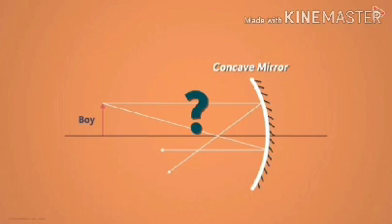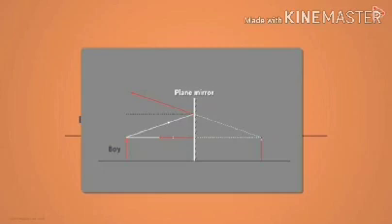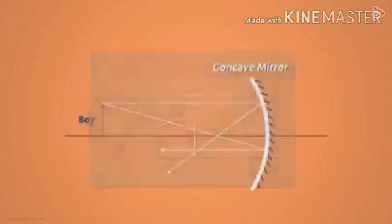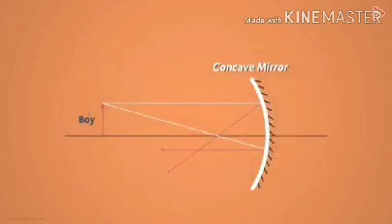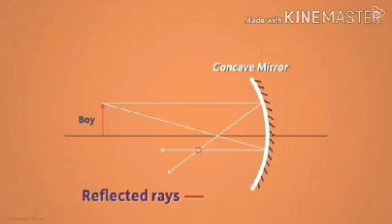What difference did you notice here compared to the plane mirror reflection? In the previous case, all the reflected rays were diverging. Yes, here all the reflected rays are intersecting each other at this point, or we can say that they are converging at this point.